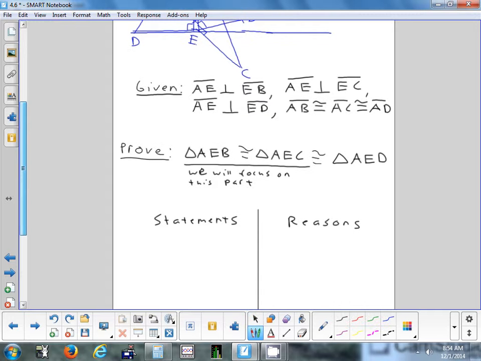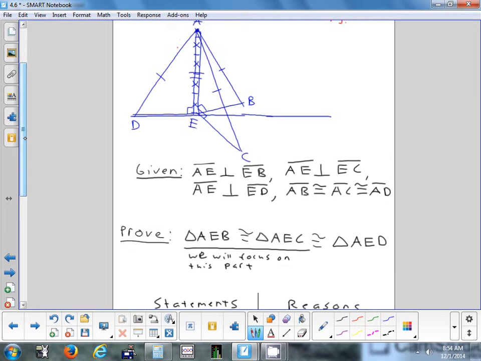All right, what would be the first thing that we could say if we want to prove triangle AEB and triangle AEC are congruent? We have some extra information here that we might not use in the proof because we're not doing the third part of the proof, just the first 2 triangles. So what could I say first? Yeah, Luke?